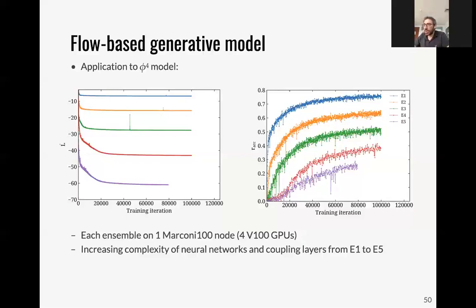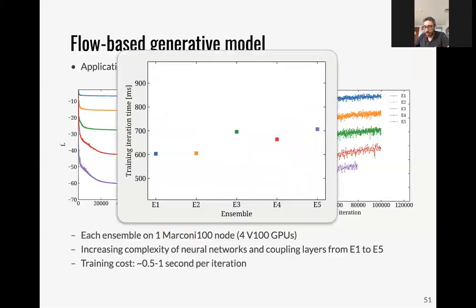In terms of the cost, just to give you a ballpark estimate of what all this costs, this was done on Marconi 100, which has 4 V100 GPUs per node. And if you want to see whether this was running for a day or for weeks, this is the training iteration time in milliseconds, okay?